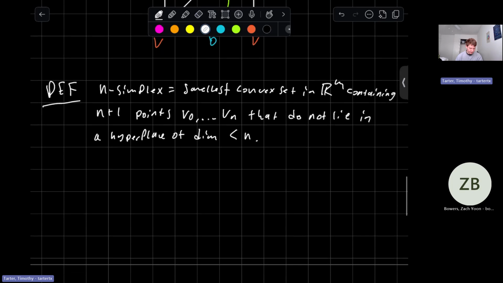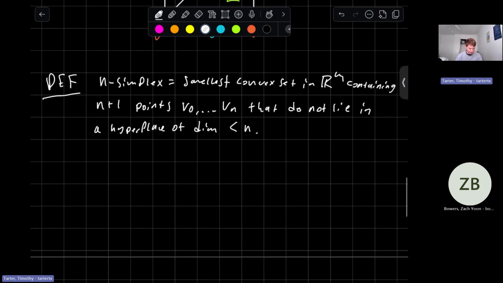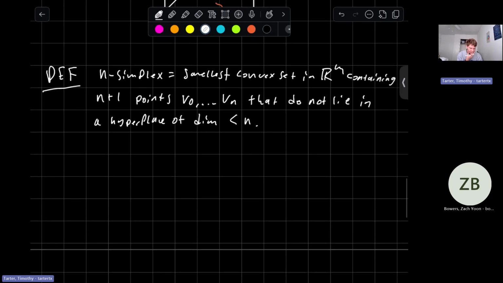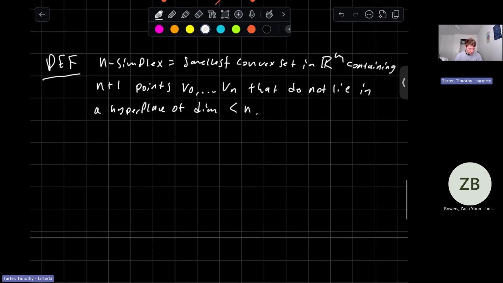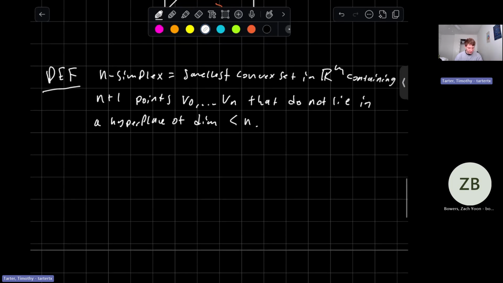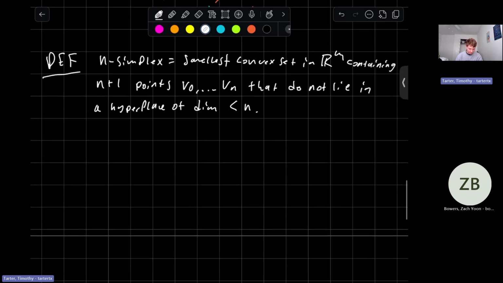By a hyperplane, we mean the set of solutions of a system of linear equations. An equivalent condition would be that the vectors v_1 minus v_0, etc., v_n minus v_0 are linearly independent.